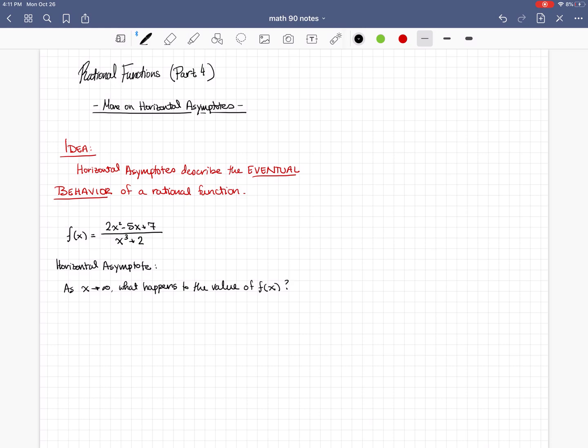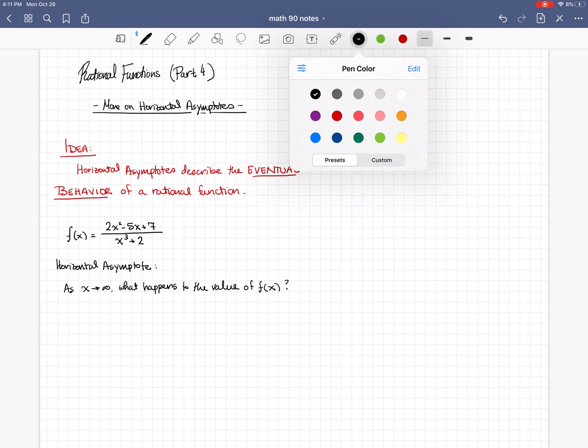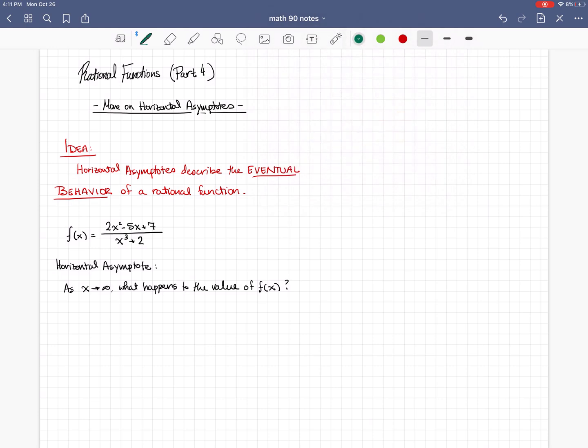What I want you to think about here is the fact that we are looking at values of x that are getting bigger and bigger and bigger. So, in particular, let's look at the numerator. As x grows beyond all bound, what happens to 2x squared minus 5x plus 7?